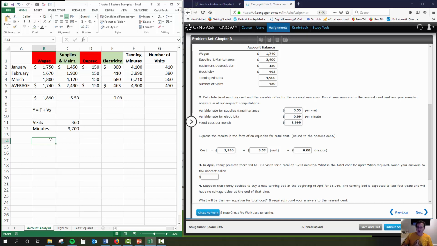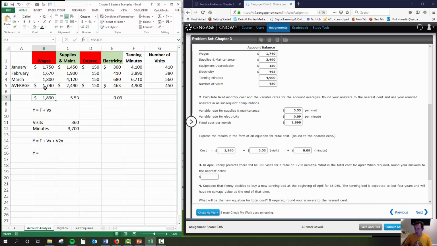So let's go ahead and do our formula here. Y equals F plus the variable cost times the level of activity, and then we're going to add variable 2 times the level of activity for that. So it's going to look like Y equals fixed cost, we said was $1,890.